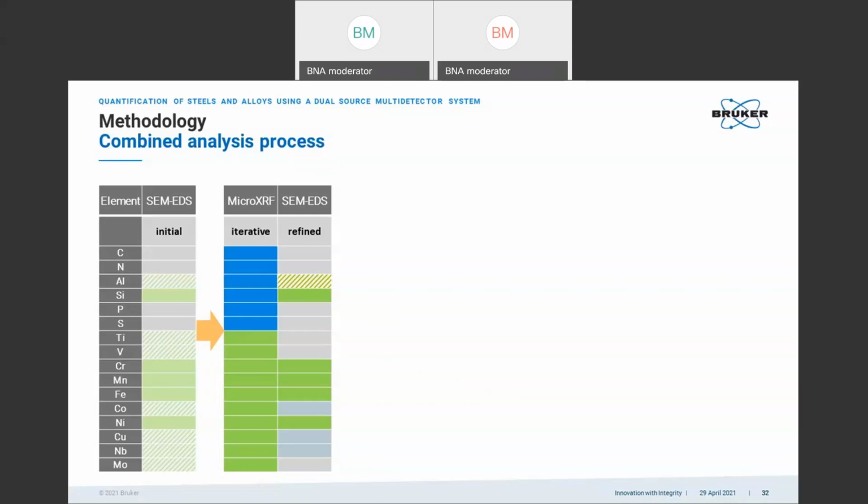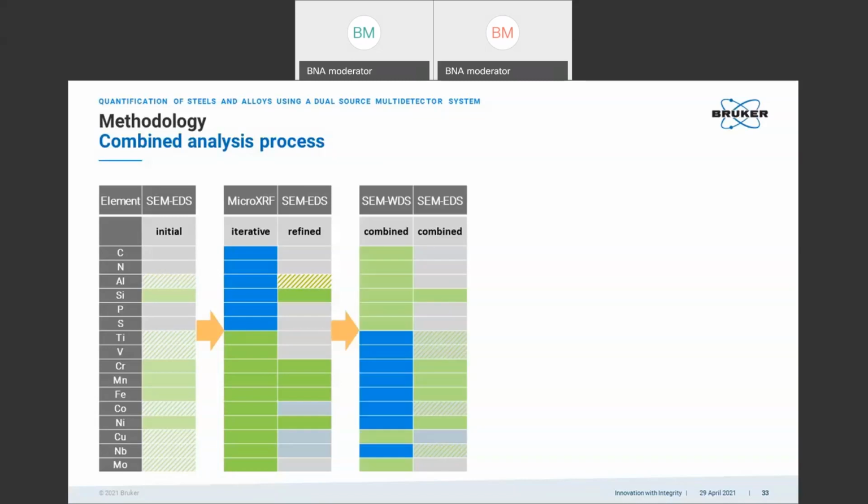So we could well determine all these elements, the transition metals from major to traces, with micro XRF. The basis was the EDS, and then the final determination by XRF. It's an iterative process. And at the end, we also get some improvements for the EDS data when these values are inserted in the combined quantification.